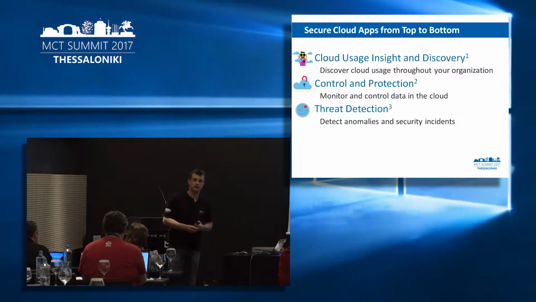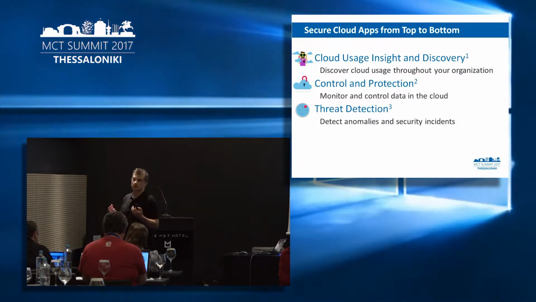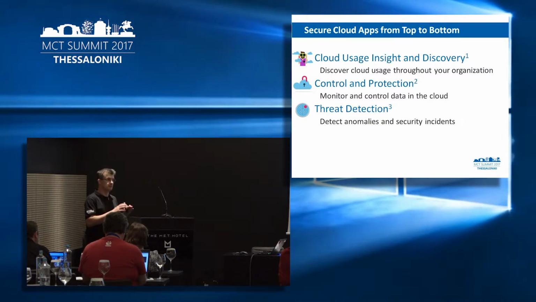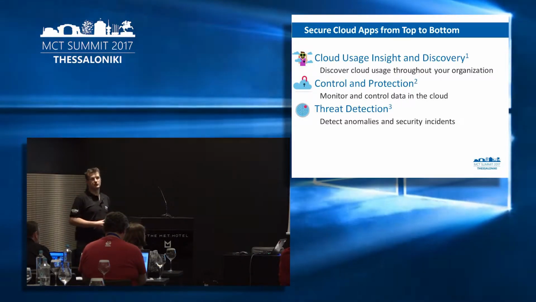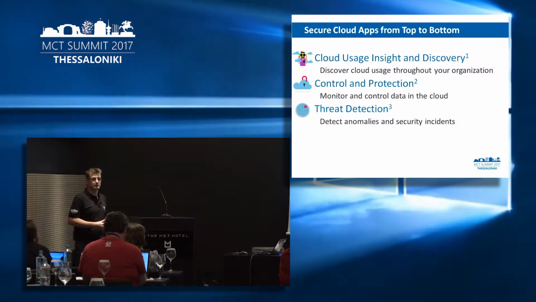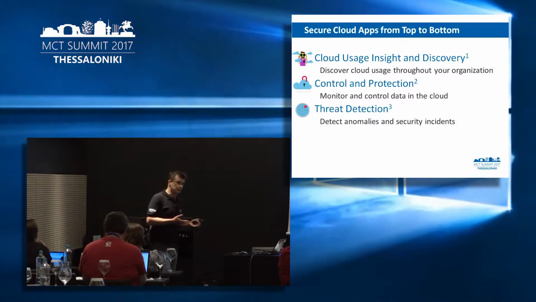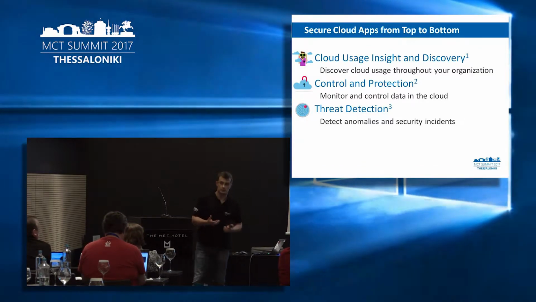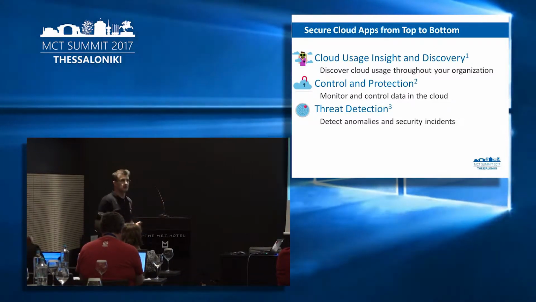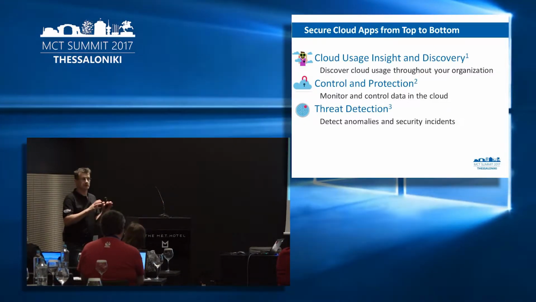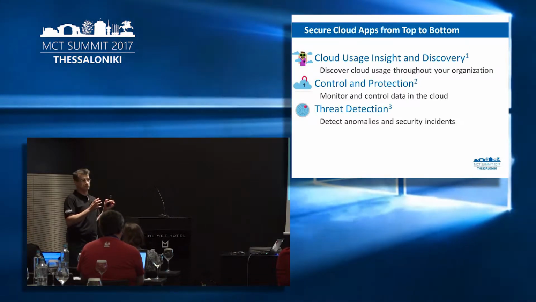In combination with other protection technologies, you get a more complete data protection scheme. For example, Cloud App Security pairs well with Azure Information Protection and Rights Management that complement Cloud App Security to give you a better protection for your data.